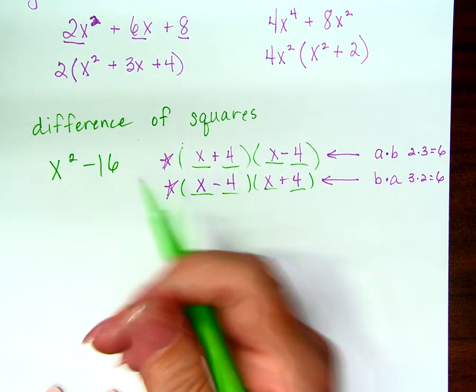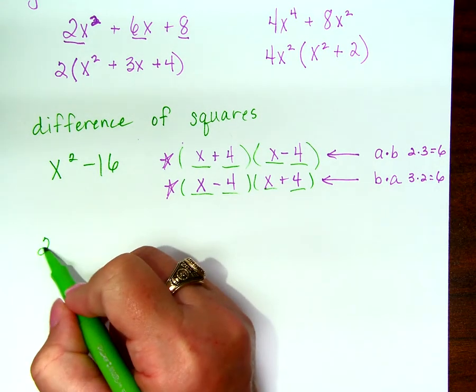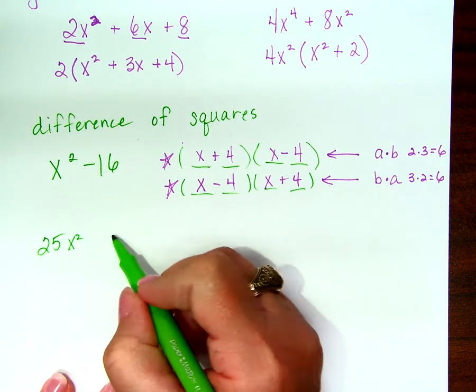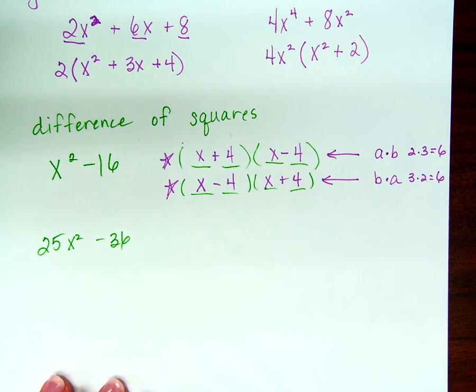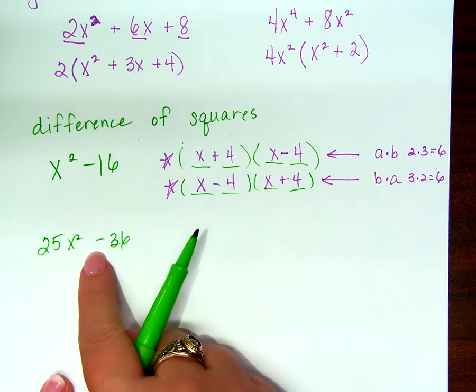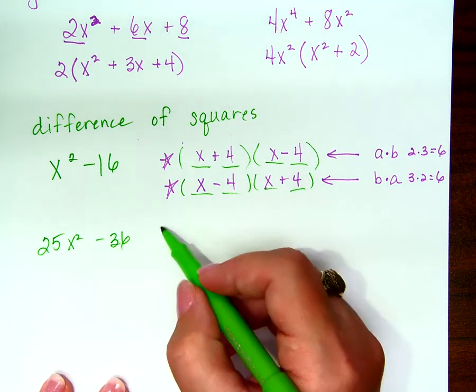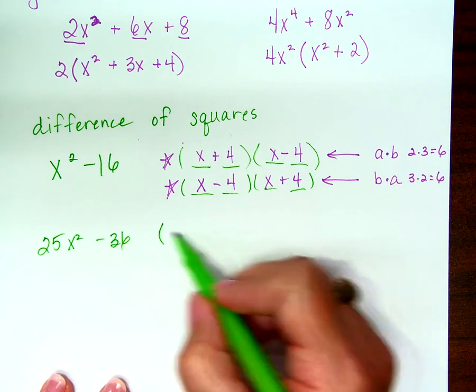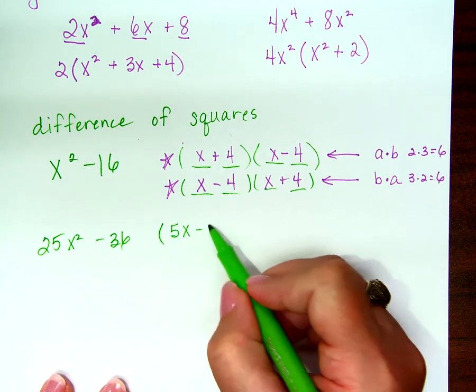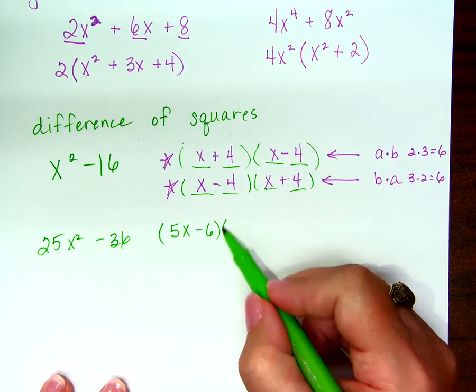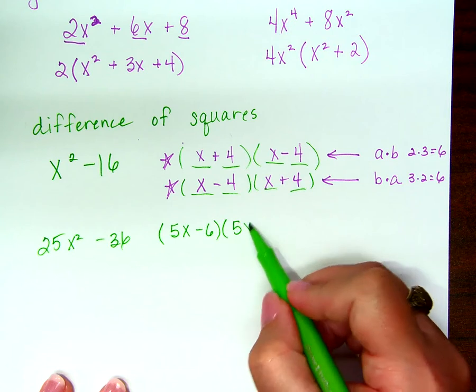Okay? So what if the problem was 25x squared minus 36? How would I factor this difference of squares? 5x minus 6, 5x plus 6.